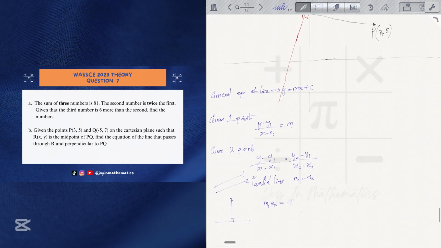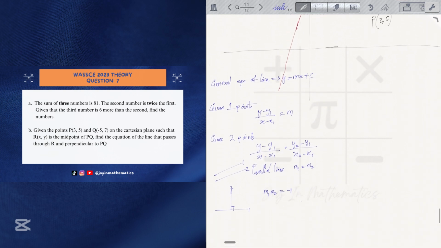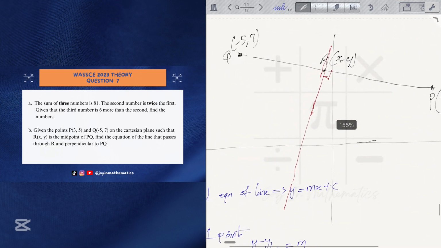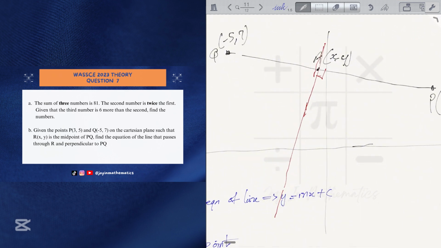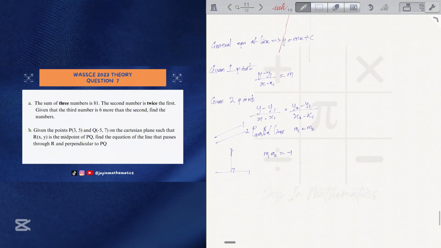So with this set of information now, we can solve the problem. So let's look at this now. We are looking for the equation of line R. We do not know the point, but we know that the line is perpendicular to line PQ. So yes, we are going to use this formula here.